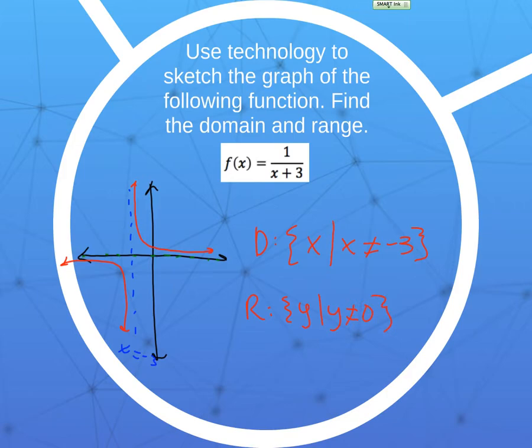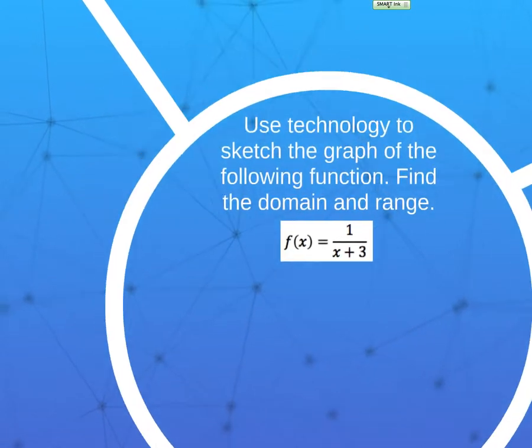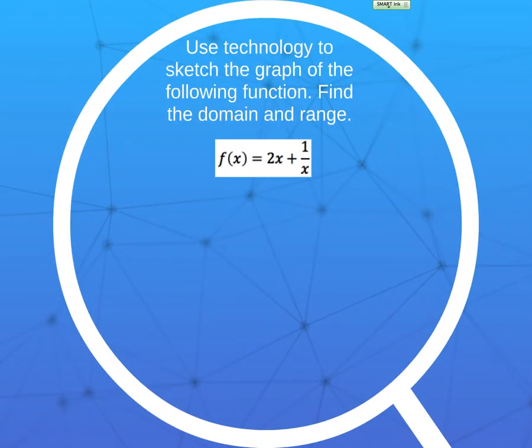We're going to look at the craziest one yet, and then we're going to be done with examples. Are there any questions? All right, here's the last example, 2x plus 1 divided by x.